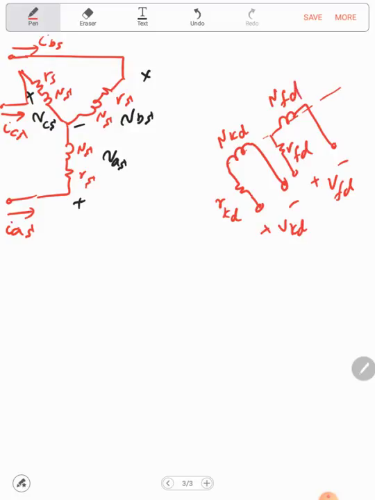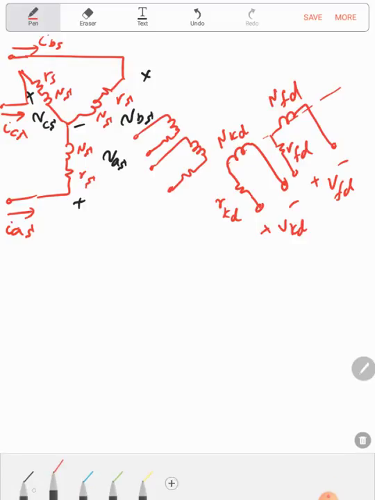Now in the direction of the Q, we also have two damper windings. Let's assume this is the first one, and this is the second one.